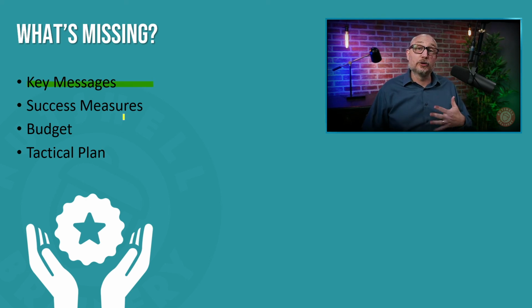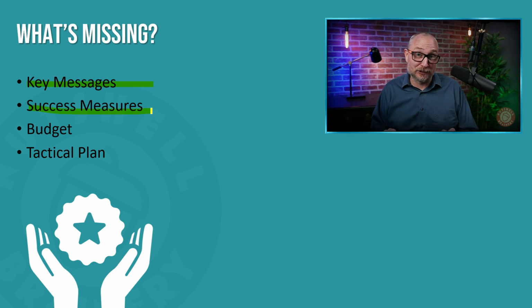Normally, we would include some key messages. We would include success measures. How are you going to know if this campaign was successful? How are you going to define success? How are you going to measure it? We would include a budget, and we would include a tactical plan.